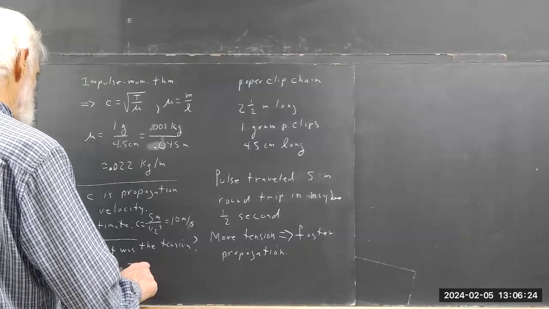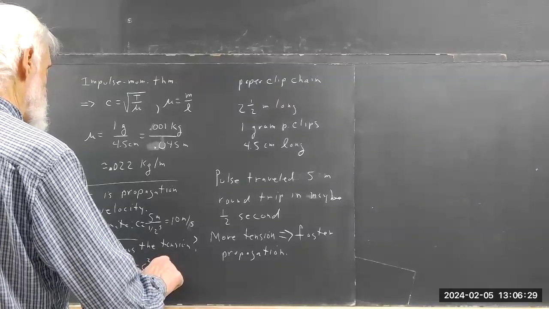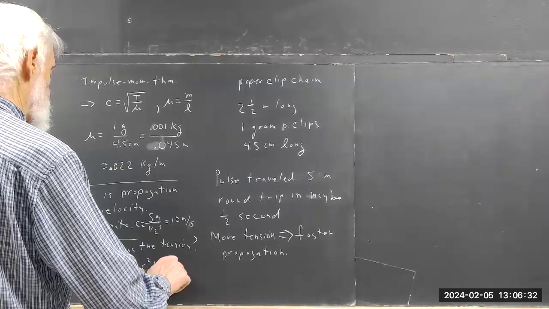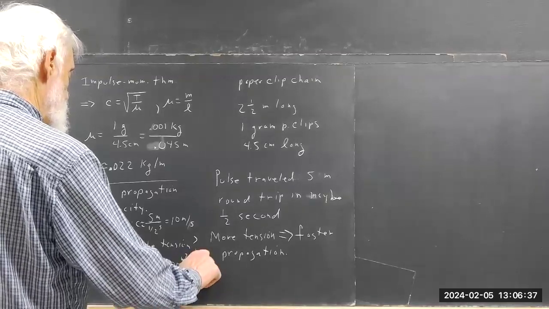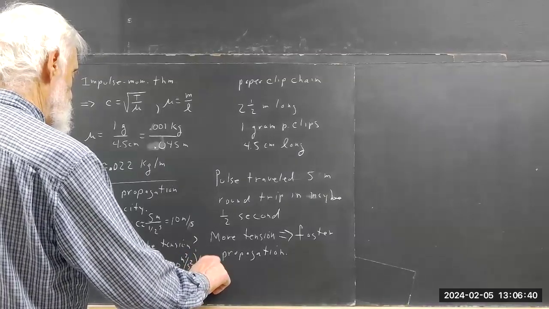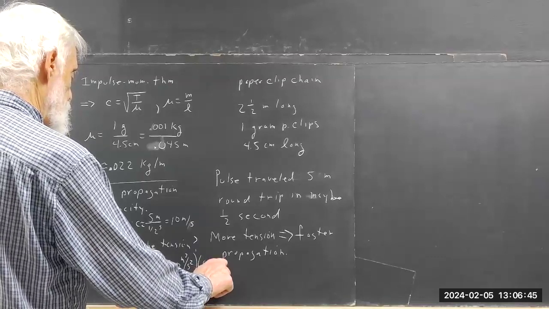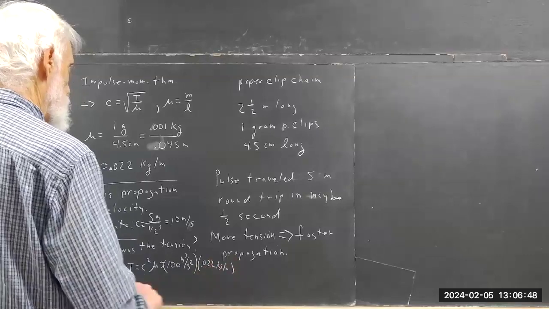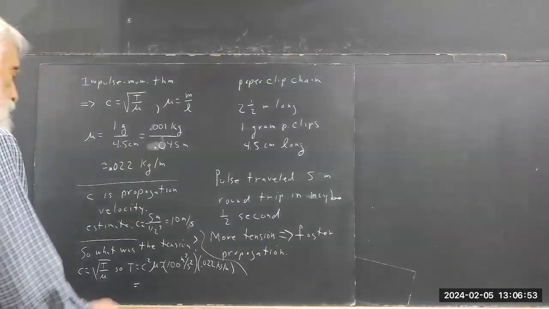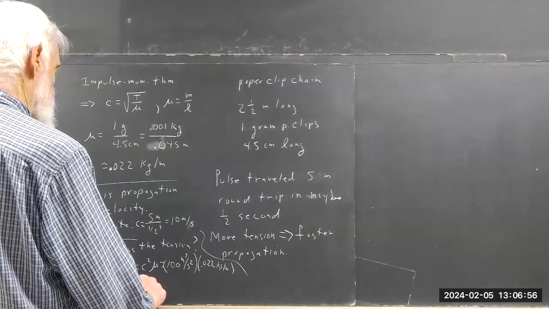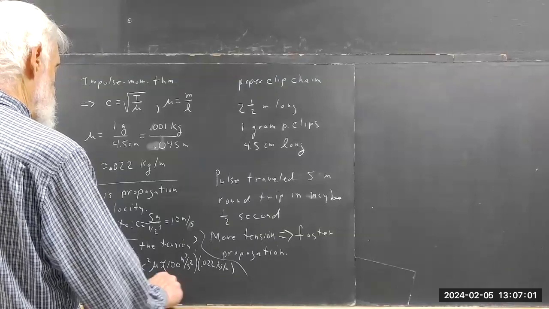So T equals C squared mu, which is approximately 100 meters squared per second squared times 0.022 kilogram per meter, which is about 2.2 newtons.